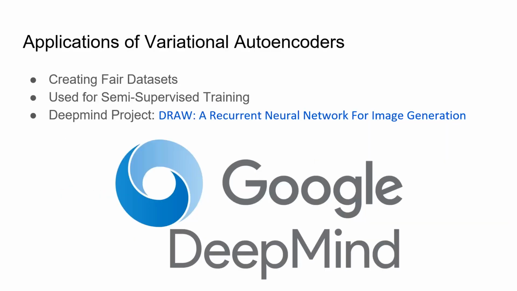I'll just go over a couple more applications of variational autoencoders. I just mentioned that you can create more fair data sets by manipulating and analyzing the latent space. But there's also another interesting application, which is doing semi-supervised training for a variational autoencoder. Let's say there's an instance where you have a lot of images, but only a handful of those images are actually labeled. You still want to take advantage of all of those unlabeled images.